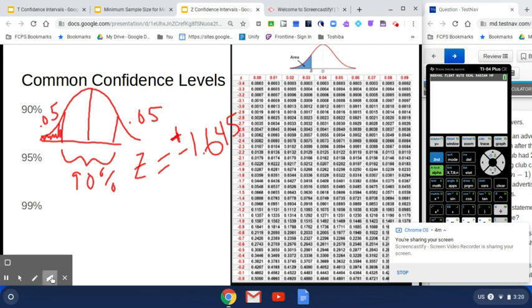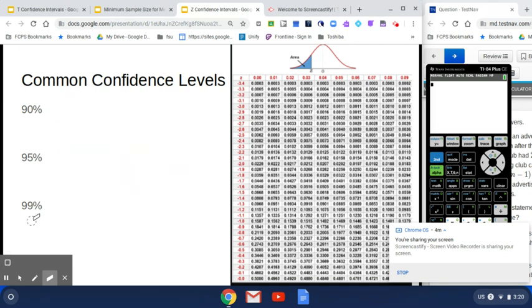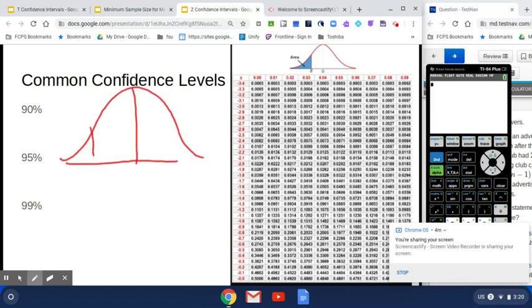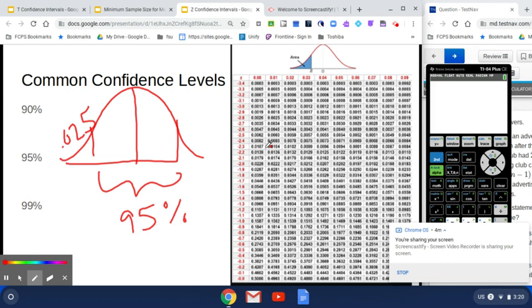Okay, we're going to go through that process one more time, but this time for a 95% confidence interval. So on this one, I would put 95% in the middle of my distribution. That leaves 5% left over for both tails. So this left tail region is 2.5%. I'm going to scan the negative chart for the closest number that I could get to 0.025.